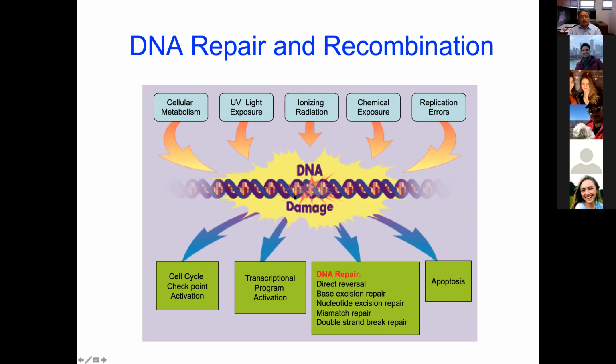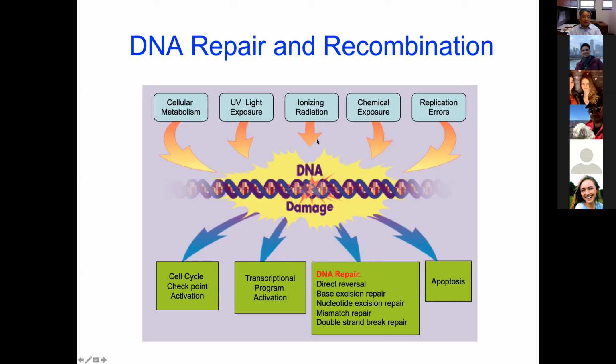It can also cause DNA damage. Cellular metabolism sometimes also causes DNA damage, and of course the replication process may have errors, which is unavoidable because the genome is so large.